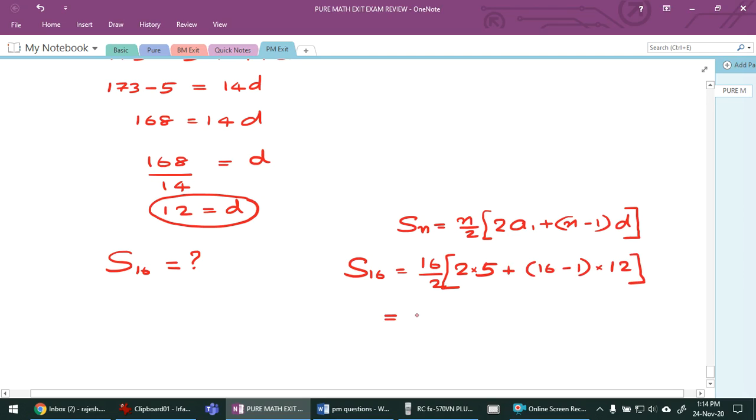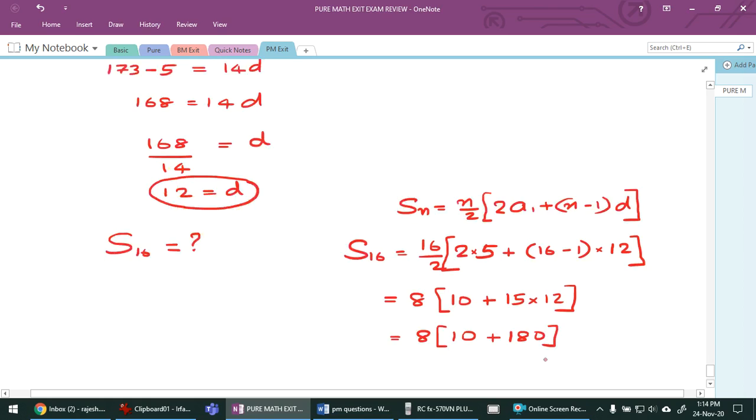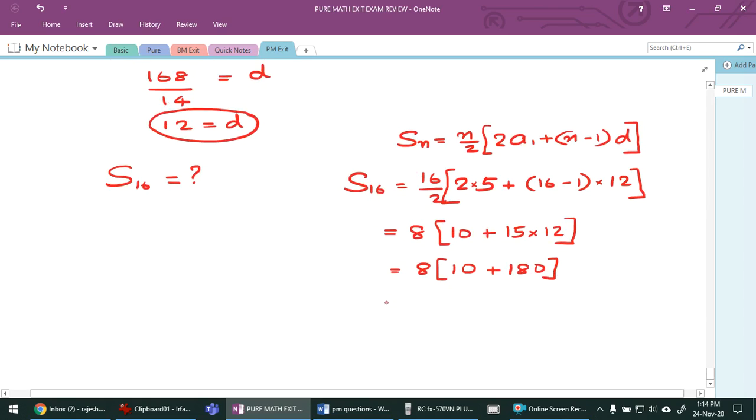Okay. 16 by 2 is 8. 2 into 5, 10. 16 minus 1 is 15. 15 into 12. So here 8 into 10 plus 15 into 12, 180. So now equal to 8 into 180 plus 10, 190.